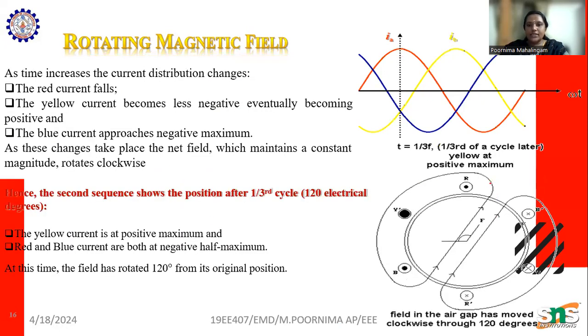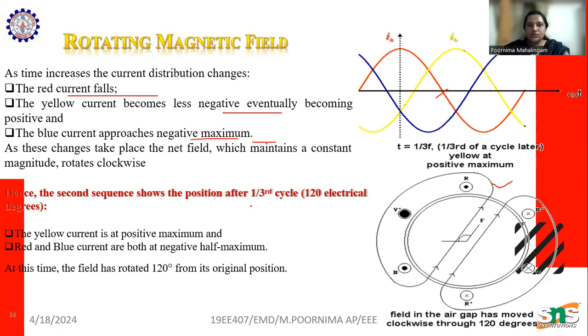Now the next thing: the red current falls, the yellow current becomes less negative and eventually becomes positive, and the blue current approaches its negative minimum.